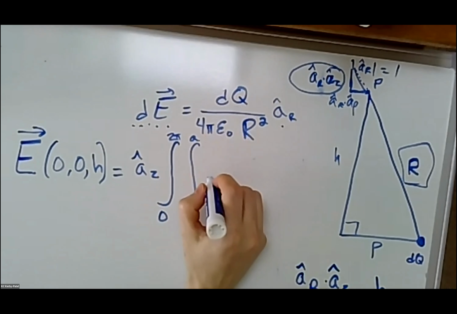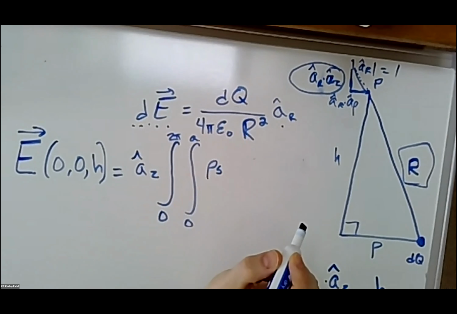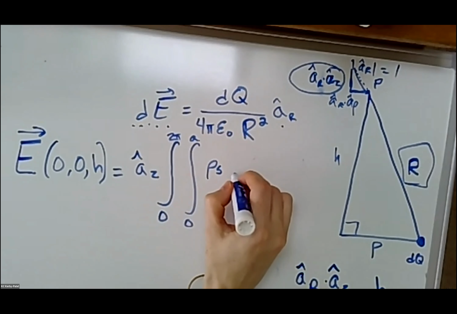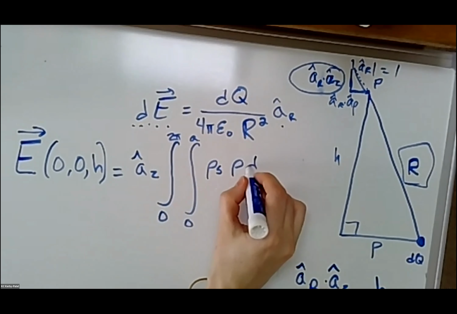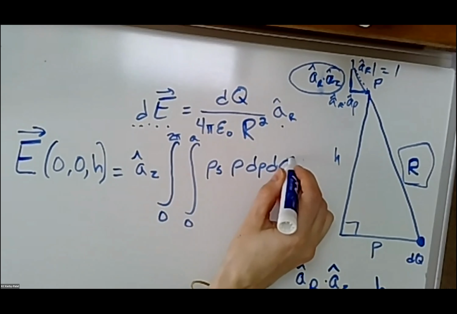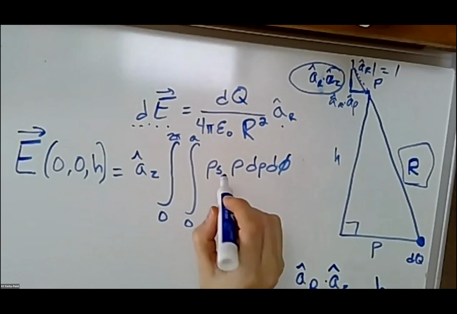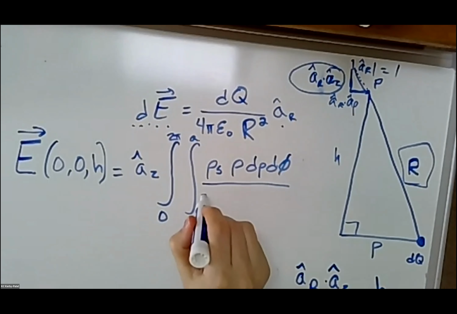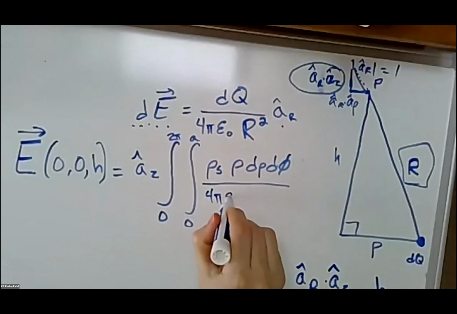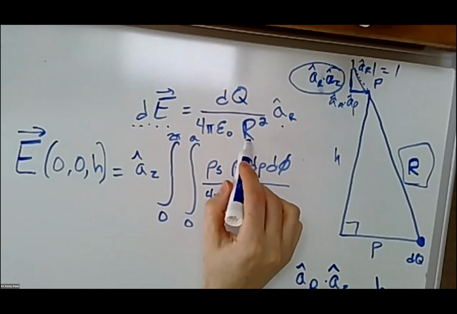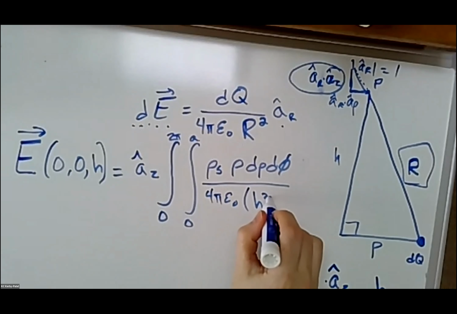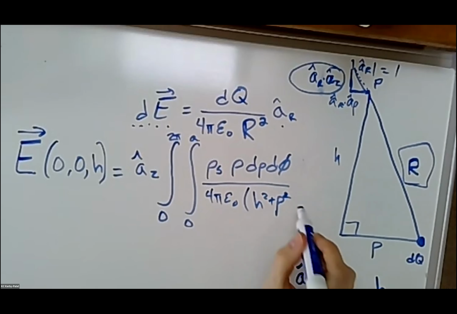So dq is actually the surface charge density times rho d phi, right there, divided by 4 pi epsilon naught. Value of r squared is h squared plus rho squared.